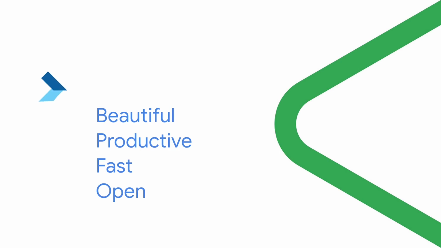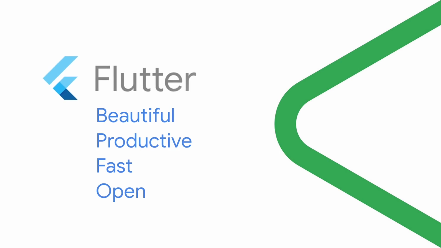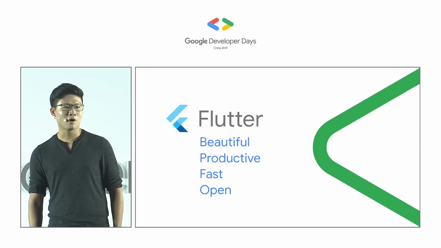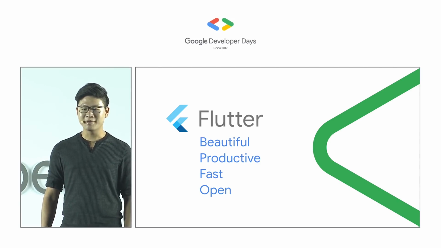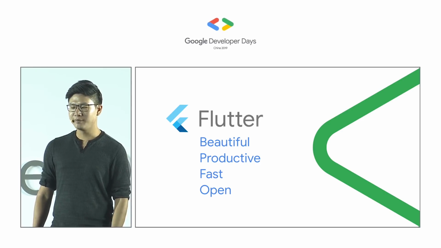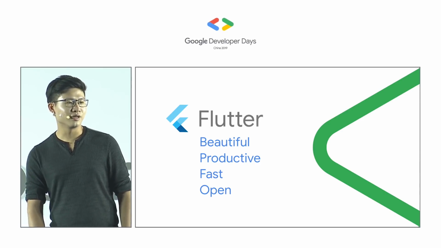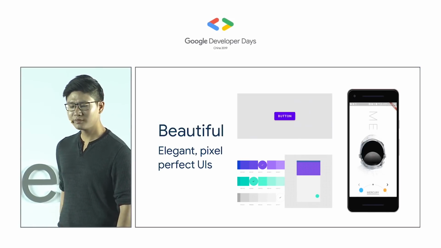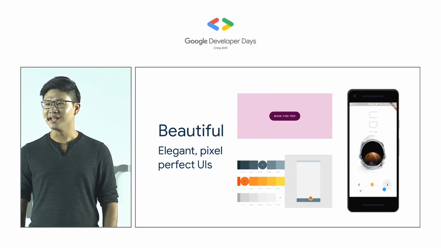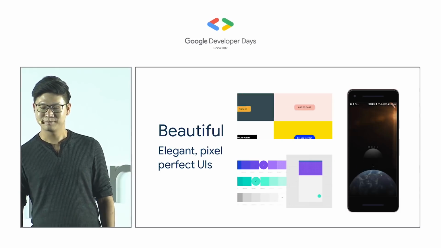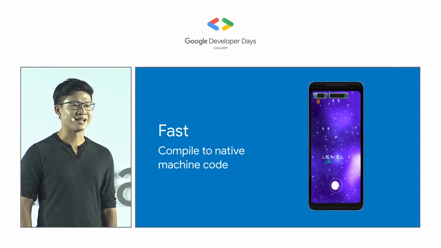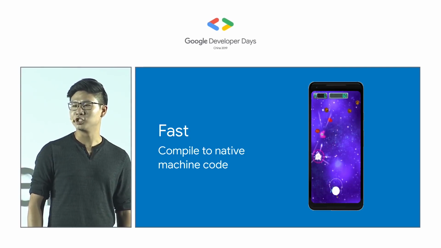So hopefully, a lot of you already know what Flutter is. But if you don't, Flutter is an open source cross-platform framework for developing applications. Flutter aims to be beautiful, productive, fast, and open. Let's take a look at each of these really quick. Beautiful. Flutter draws elegant, pixel-perfect UIs. Fast. Flutter compiles to native machine code.